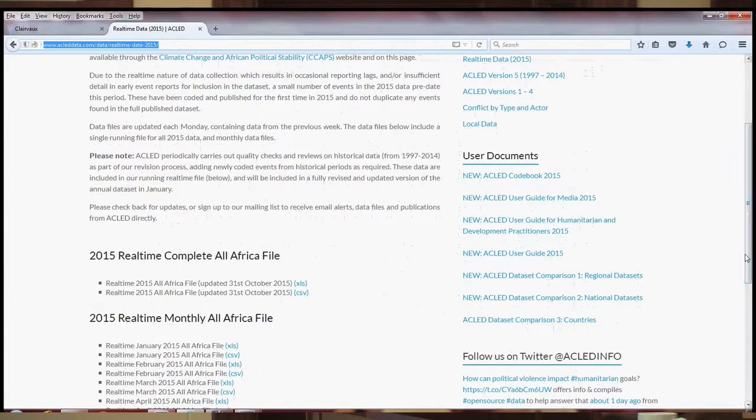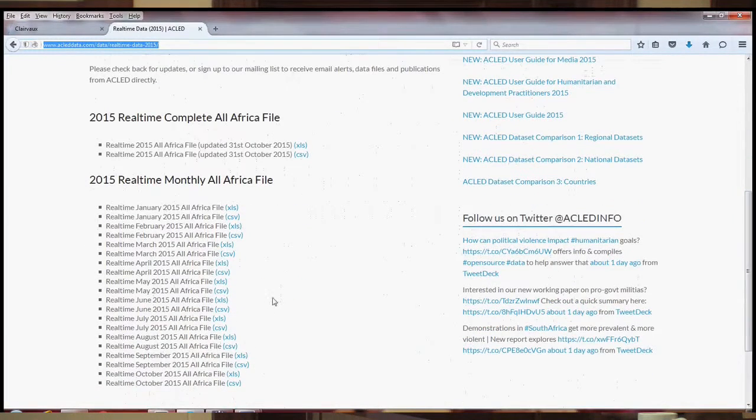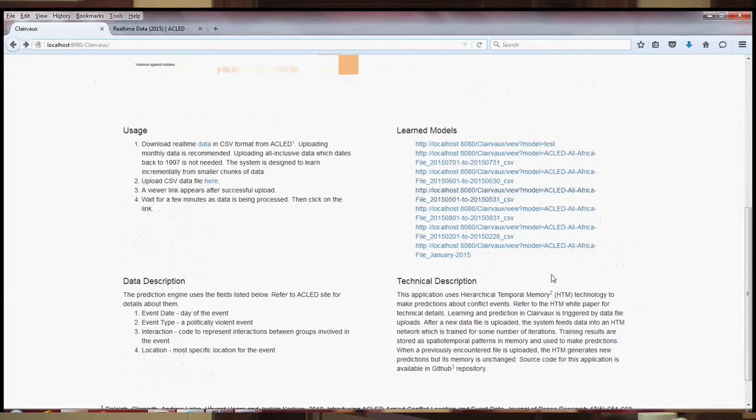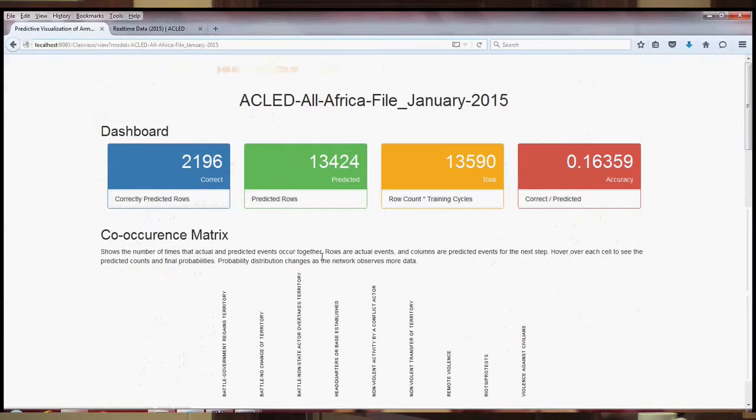But what I've actually used for this project are these monthly files. And I've loaded a few of them already for this demo, so we can look at one of them as an example. So here we see that the HTM network made over 2,000 correct predictions out of over 13,000 predictions.